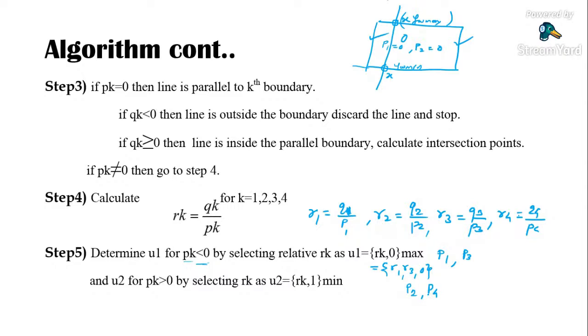It is not always correct. It may be reversed because the values may change. So if suppose p2 and p4 are greater than 0, then you have to take that set of related r values, that is r2 comma r4 comma 1, and find out the minimum value. Correct? From this you have to find out maximum value, and from this you have to calculate minimum value.